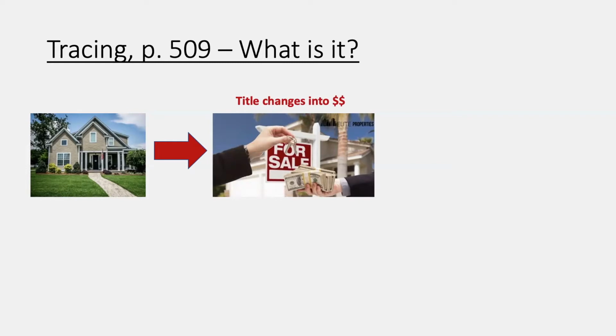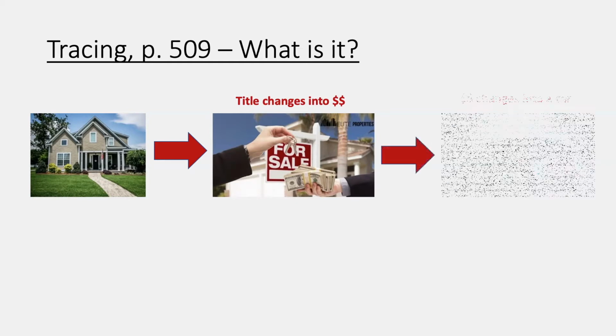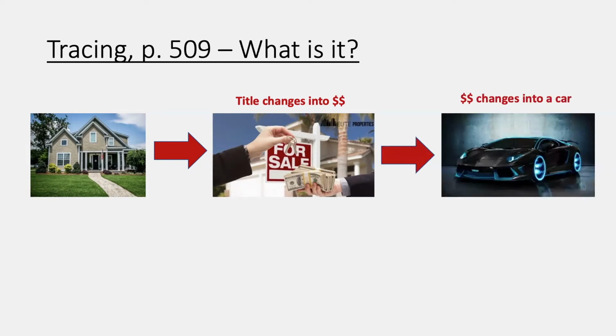So the original piece of property that was wrongfully taken was the house. Now the person has a new form, which is money. Then the person takes that money and purchases a car. So we have a change from house to money to car.